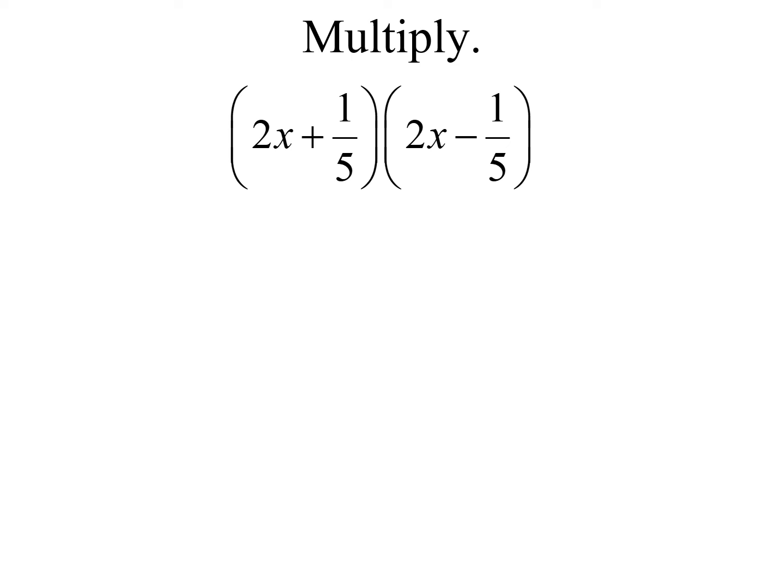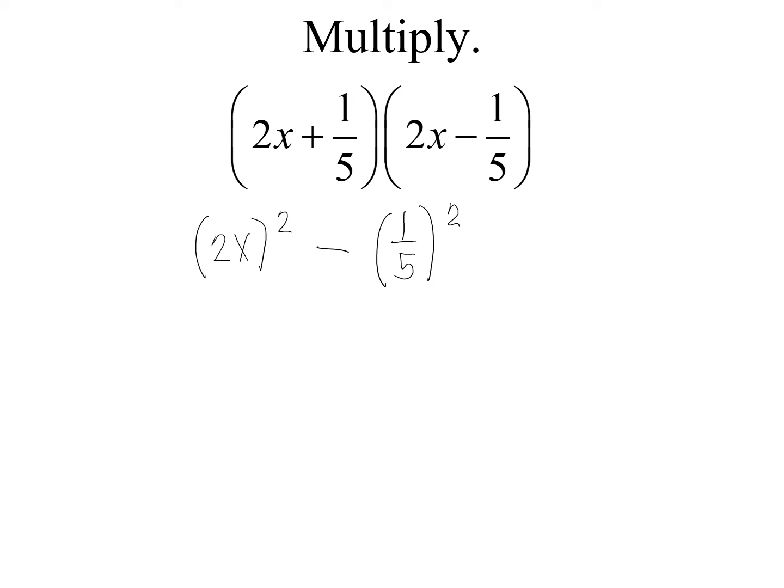Now let's have our last example. The quantity of 2x plus 1/5 times the quantity of 2x minus 1/5. So here our first term is 2x and our second term is 1/5. And the pattern tells us that we square the first term. So we have here 2x squared minus the square of the second term.